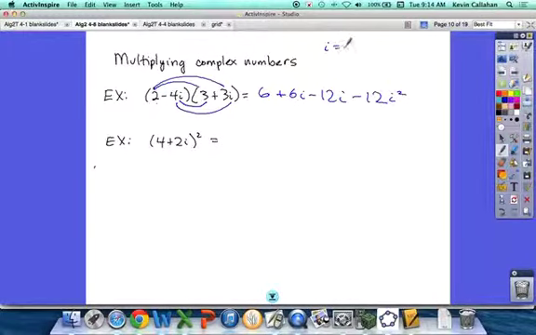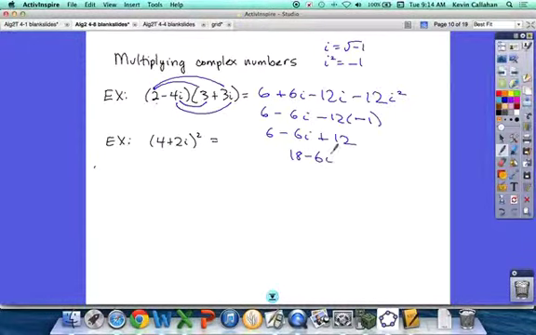If i is the square root of negative 1, i squared equals negative 1. So we can replace that i squared with a negative 1. So this is 6. 6i minus 12i is minus 6i. And this is minus 12 times negative 1, which is 6 minus 6i plus 12, which is 18 minus 6i.